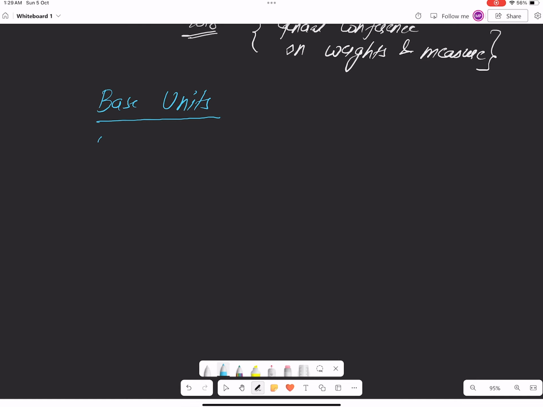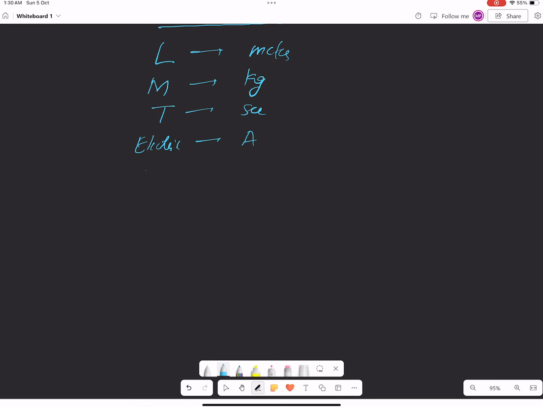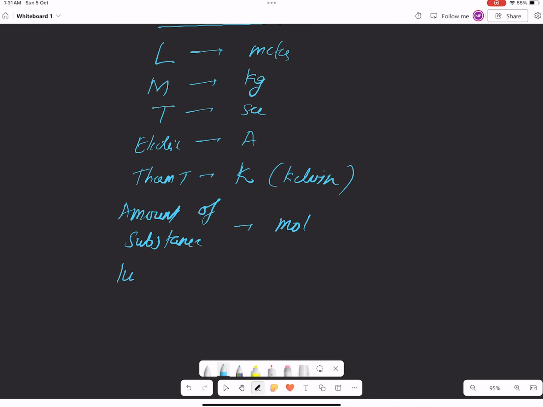So first one is length, second one is mass, third one is time. I'll just write the units. Length is meter, mass is kg, time is seconds, then fourth is electric current, so it is ampere, then thermodynamic temperature, this is in Kelvin, then amount of substance, that is mole, and seventh one is luminous intensity, that is cd, candela.